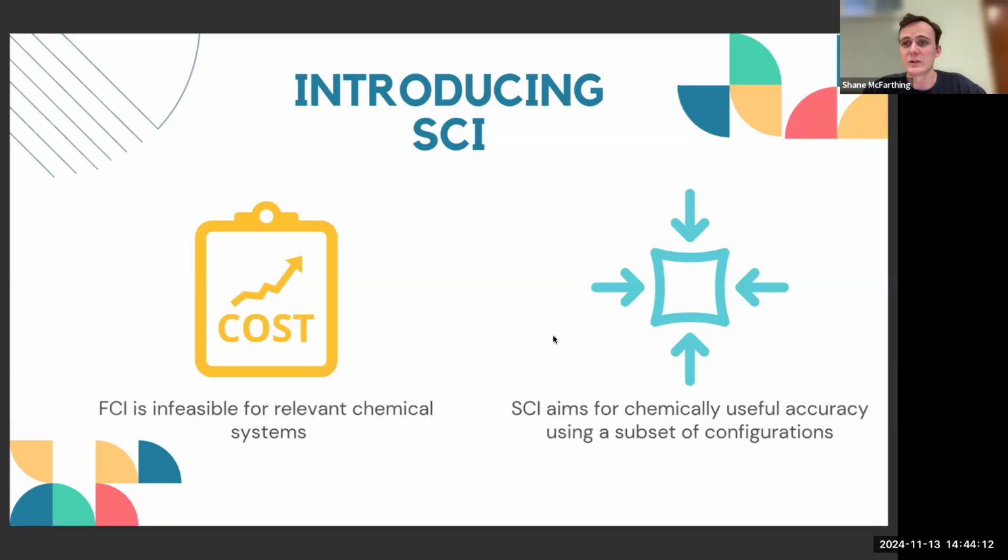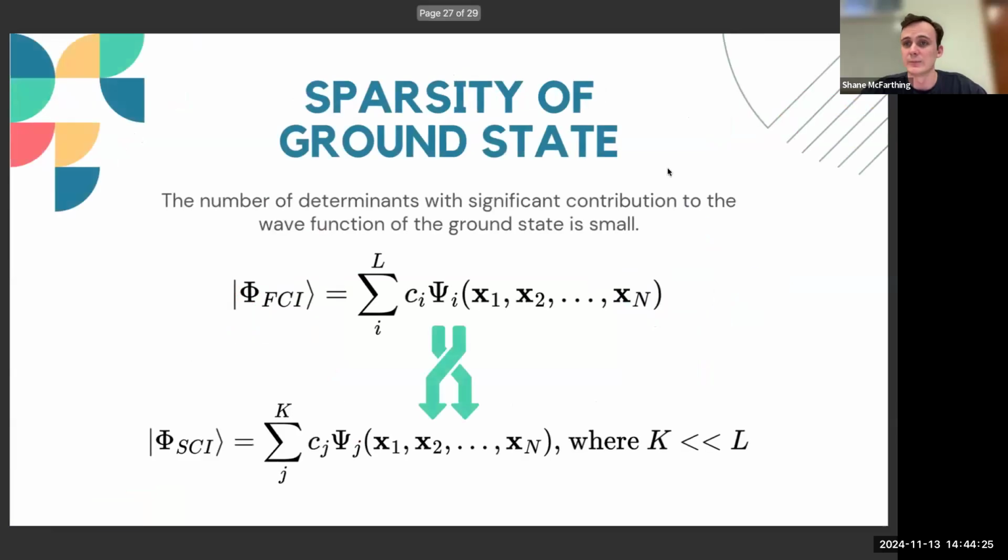We try to retain that level of accuracy, but we use only a subset of the configurations in our wave function. So full CI has all of the possible configurations, and we try to use only a subset of that in SCI. The reason why we can do this is that if you're looking for a ground state, the ground state is sparse.